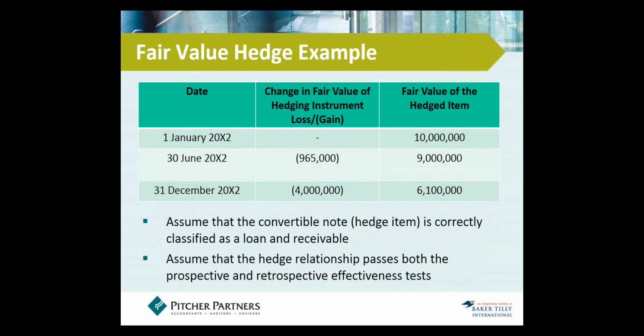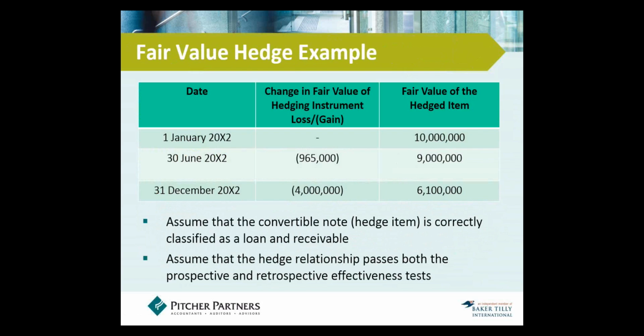So let's look at a fair value hedge example. Now in my example, I've said that the entity that's listed on the Australian Securities Exchange has decided to purchase a convertible note issued by another entity. The face value of this convertible note that we've purchased is $10 million, and it pays interest at 7% annually.